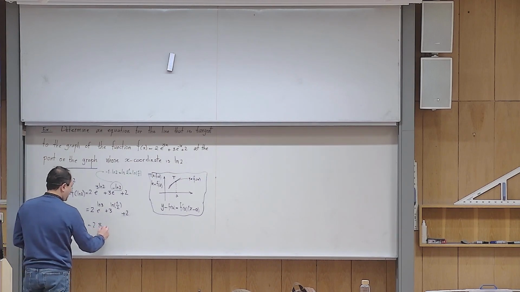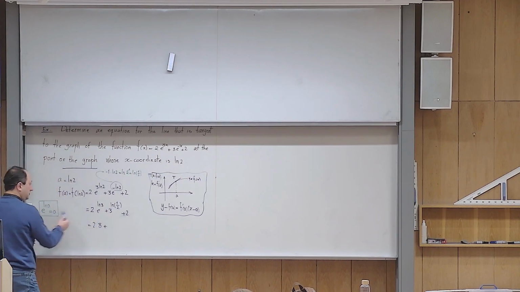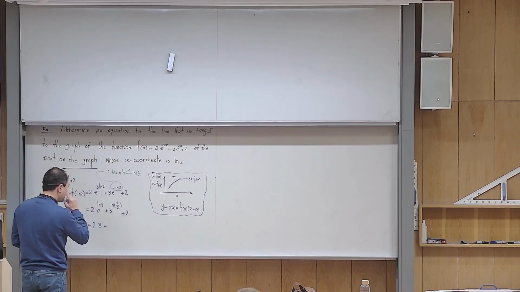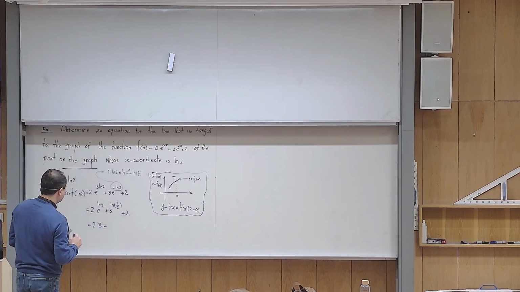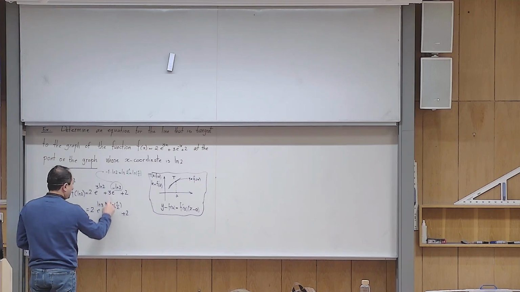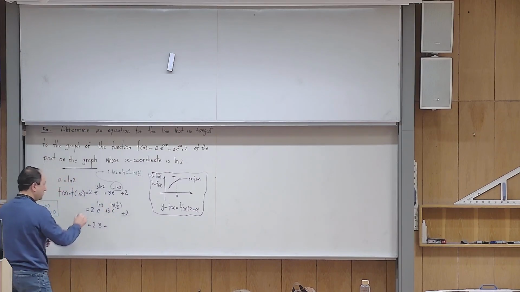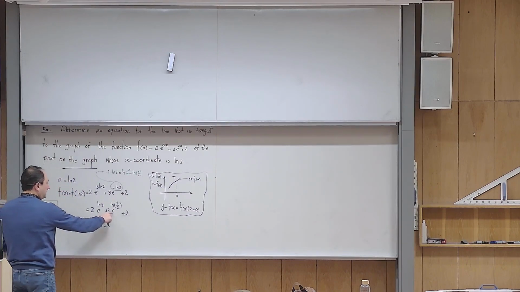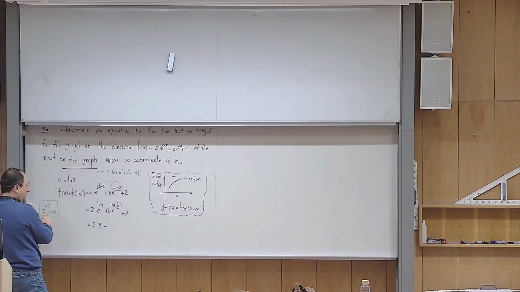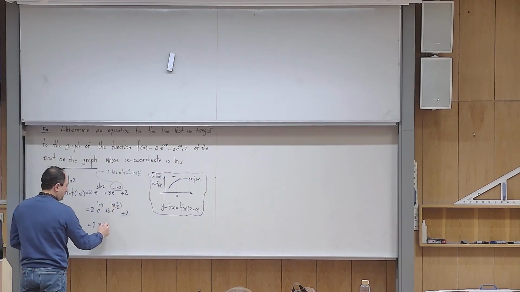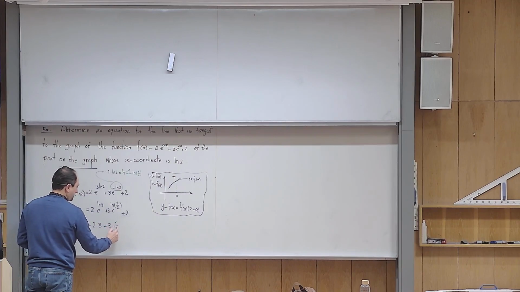Plus, exactly for the same reason, this becomes what? I made a mistake here. Sorry, this is 3. I forgot to put e here. Okay, and then e to power ln of 1/2, with the same formula, the answer becomes 1/2. So 3 times 1/2 plus 2.